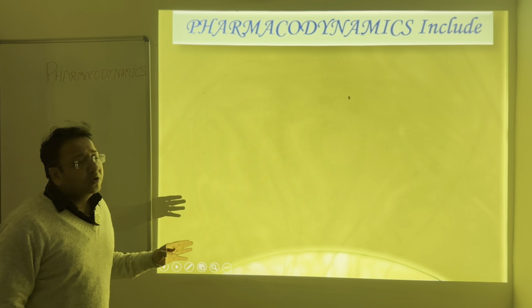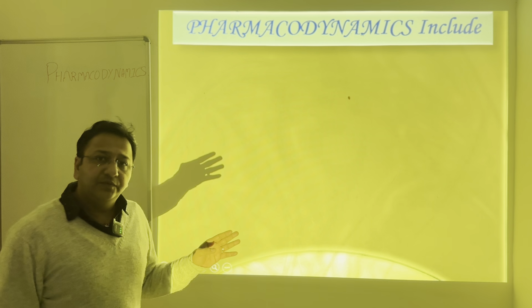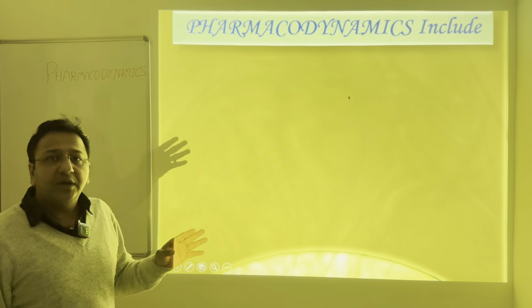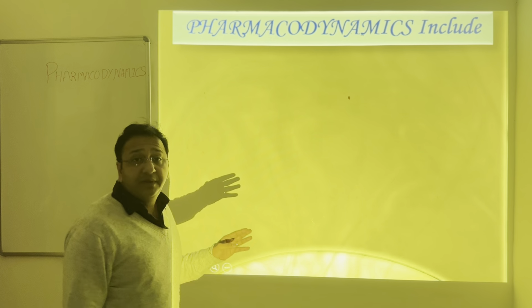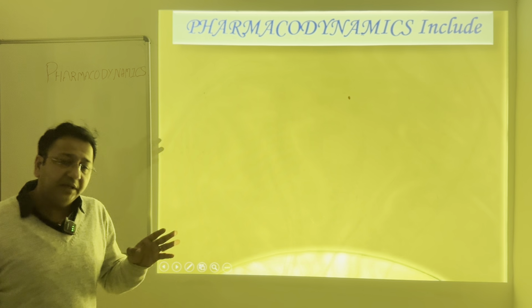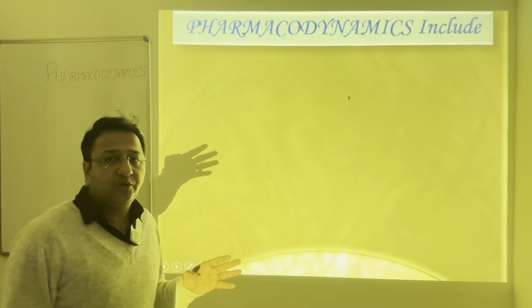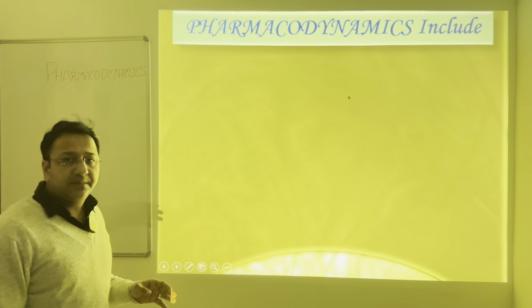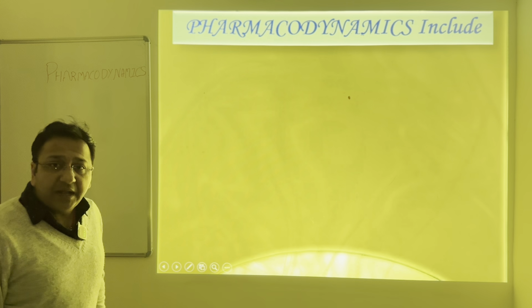In pharmacokinetics, we used to say what the body does to the drug, and in pharmacodynamics we say what the drug does to the body, because we will see the action of the drug inside the body and how these actions come about.